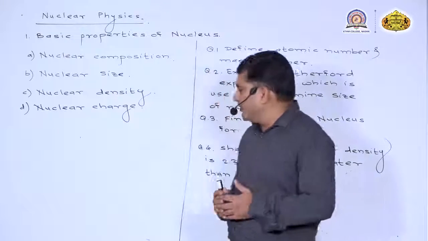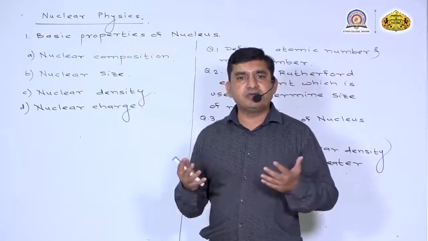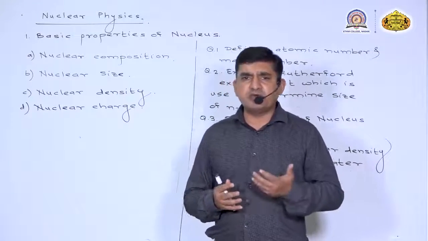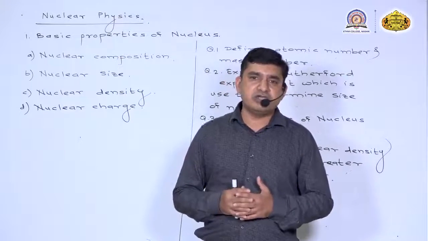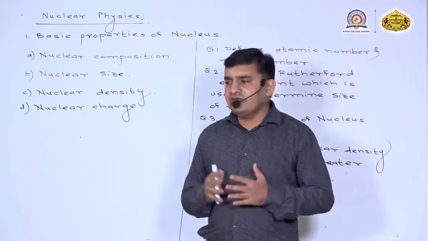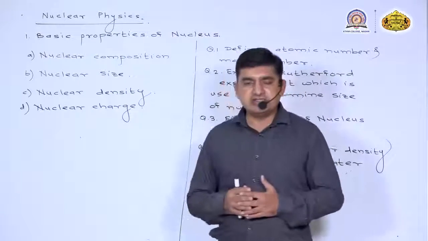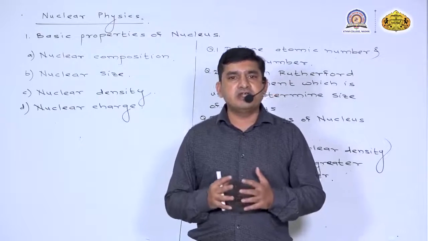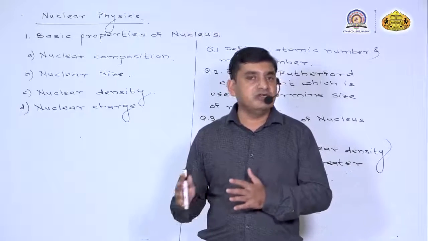And when we put the value of A, the mass of a proton, and r0 is 1.2 into 10 raised to minus 15 meter, then we get the density of a nucleus is 2.308 into 10 raised to 17 kg per meter cube.